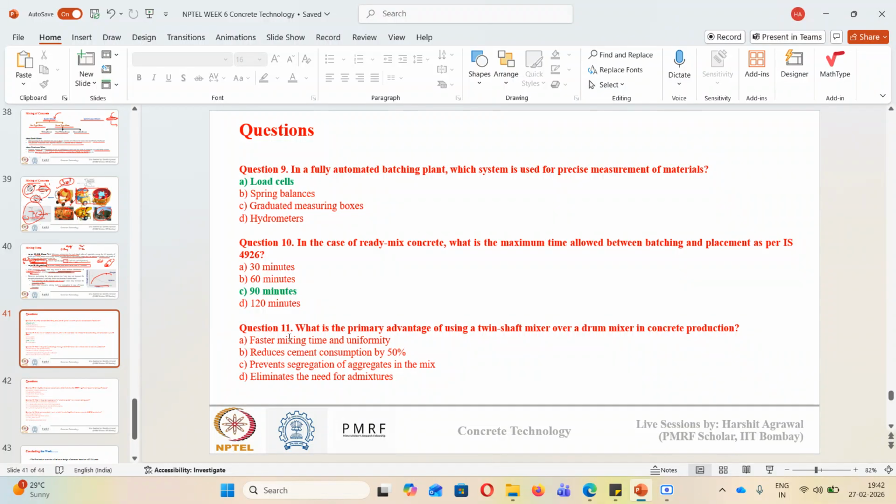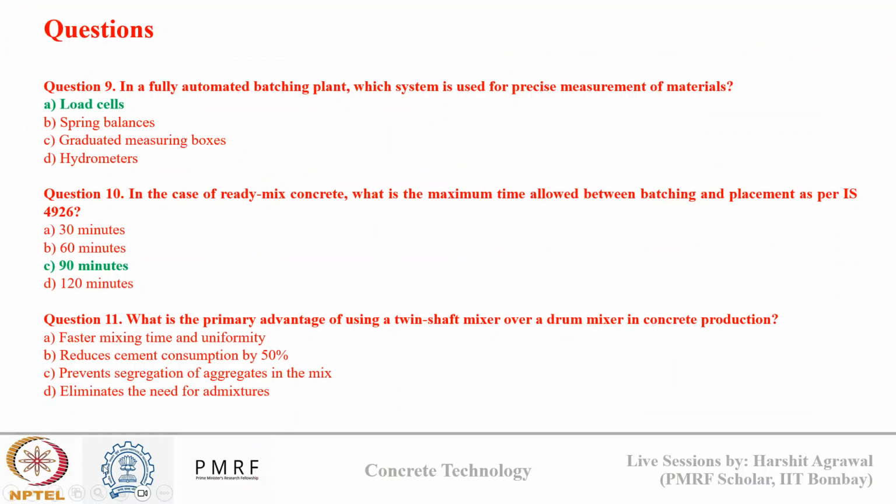Question number 11. What is the primary advantage of using a twin shaft mixer over a drum mixer? I will tell you what a twin shaft mixer is. In a twin shaft mixer, there is a container and there are two shafts which rotate.